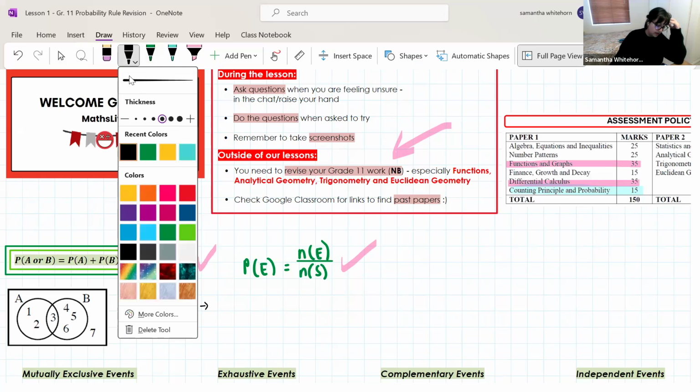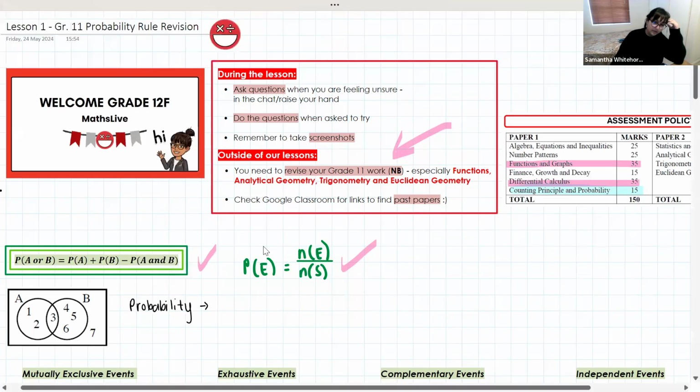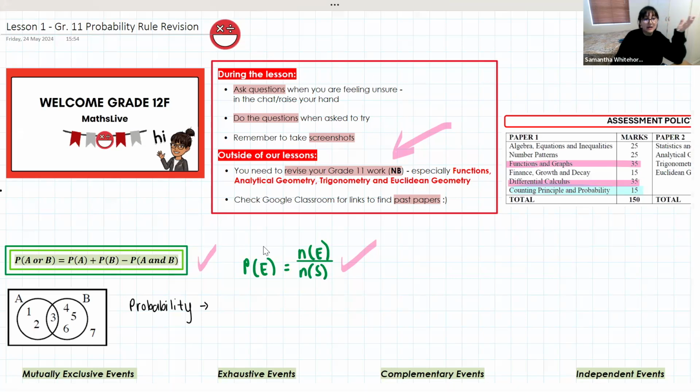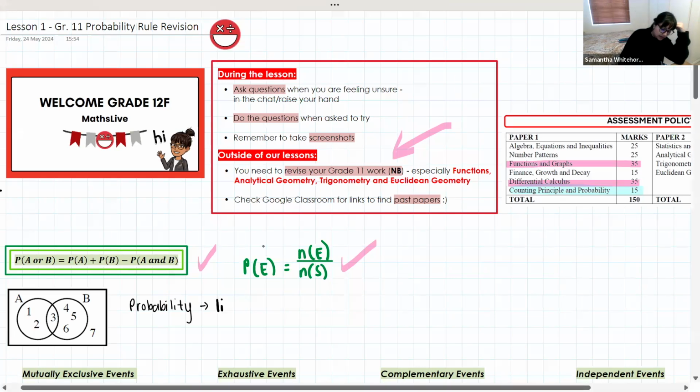What is probability? Nice. Okay, good, Awami. It's how likely or unlikely something is to happen. So some event, really any event, how likely is it to happen? So we could say it is the likelihood of an event occurring.